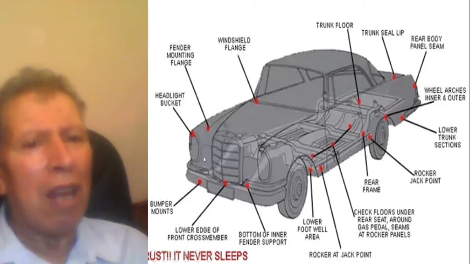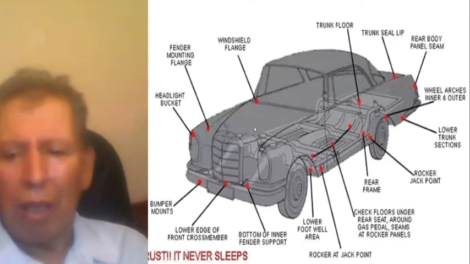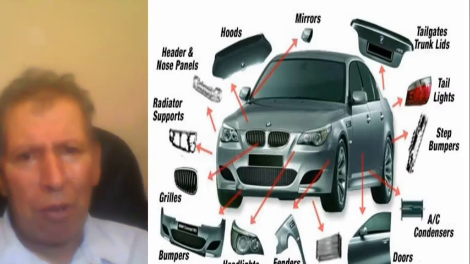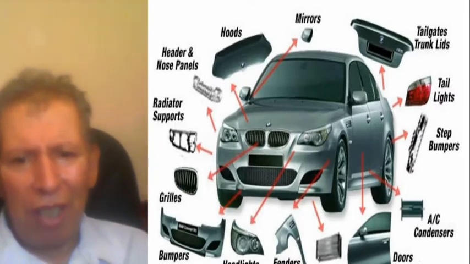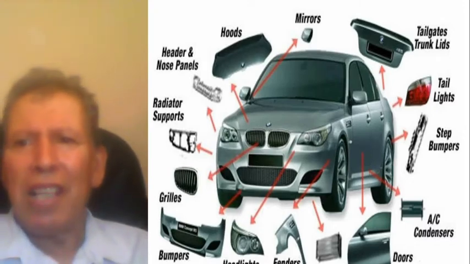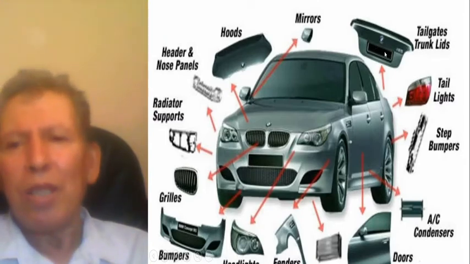Fender mounted flange, this part here. The windshield flange, again, this part here. Right. Another car from the outside, as you can see, it is exploded in here. Tailgate trunk lids. Trunk, donc c'est le coffre. Tailgate, c'est l'arrière.